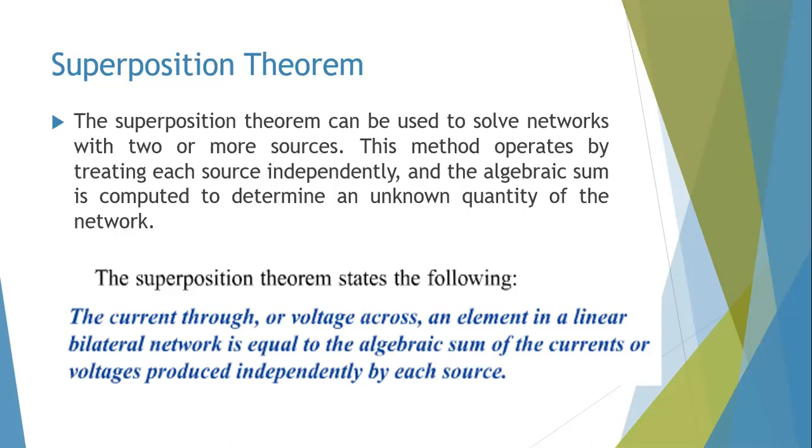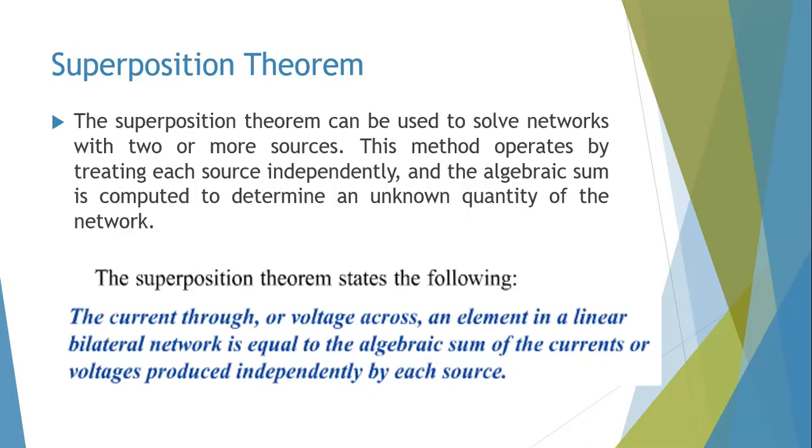Let's say you have a circuit with three voltage sources. It can be quite difficult to analyze this type of circuit to get the overall response. If you have a given resistor, for example, and all three sources are supplying current and creating a potential difference across that load, and your objective is to find the current or the voltage drop across that resistor, one approach the superposition theorem advocates is to consider one source at a time.